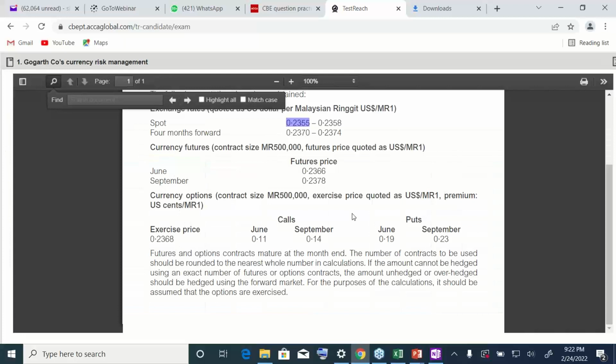Because it is given in cents over MR. Premium, 99% chance, will always be in cents, so it will be divided by 100.